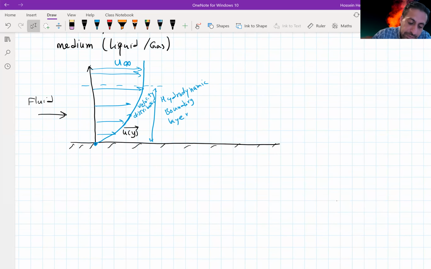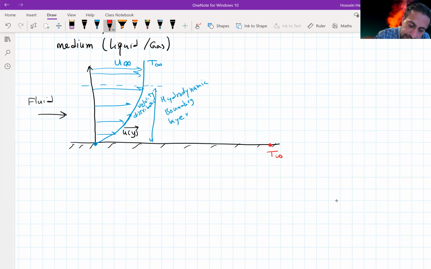Now, similarly, when the temperature of this flat surface is different than the fluid, so let's say our fluid is with the u infinity and has a temperature of T infinity, and let's assume our solid is at T wall, which is different than the fluid. And let's assume this temperature is less than the temperature of the fluid.